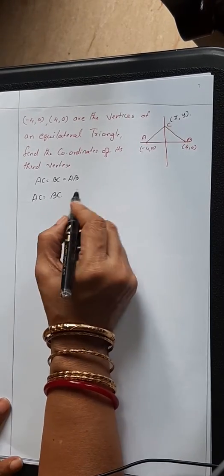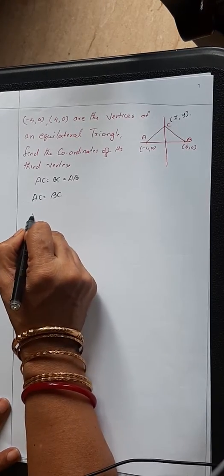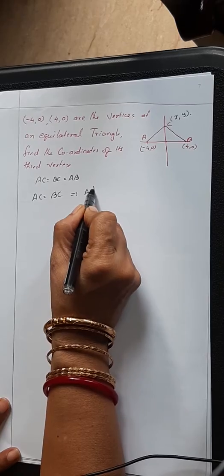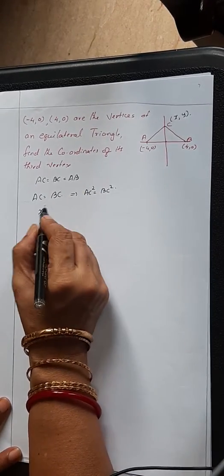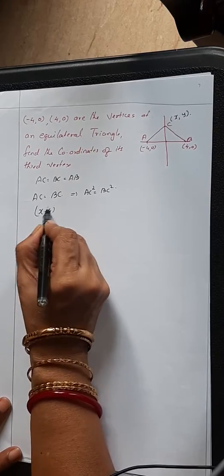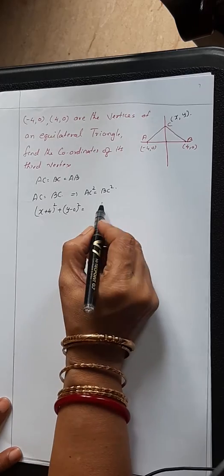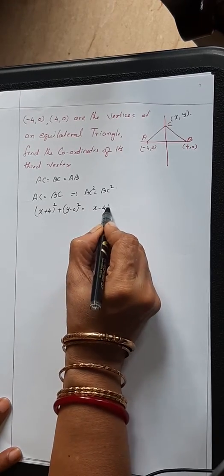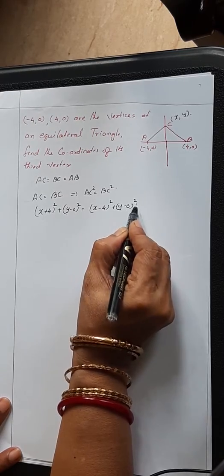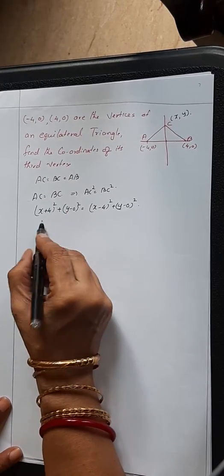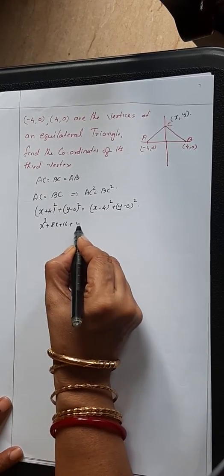I'll remove the root and write: (x minus minus 4), which is (x plus 4), the whole squared plus (y minus 0) the whole squared is equal to (x minus 4) the whole squared plus (y minus 0) the whole squared. So this is x squared plus 16 plus y squared.